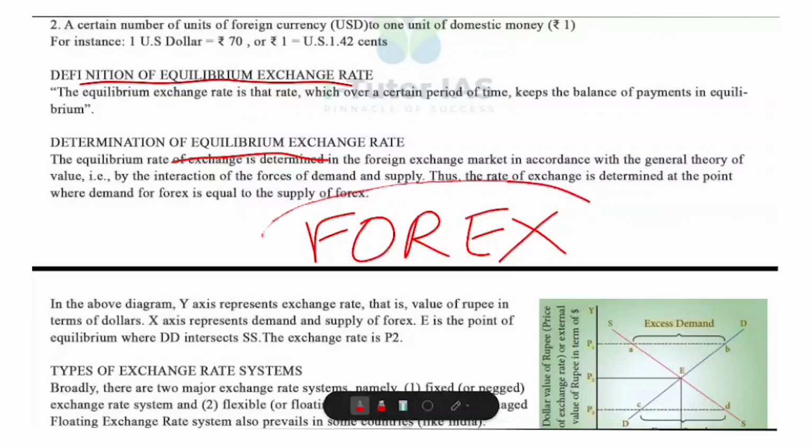Demand for forex means how much foreign currency, like US dollars, people or businesses want to buy. For example, importers, travelers or investors who need dollars create demand for dollars. Supply of forex is how much foreign currency is offered in the market. For example, exporters or foreign investors bring dollars to India, creating supply. The exchange rate is determined at the point where demand equals supply.